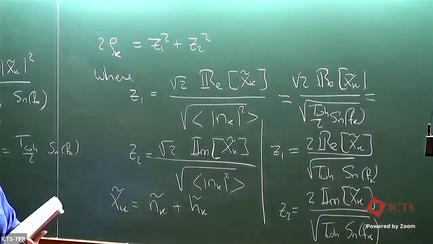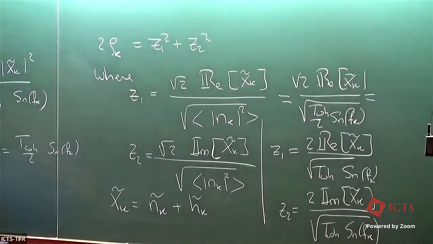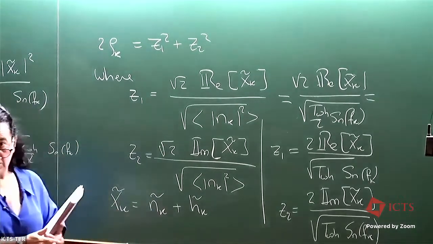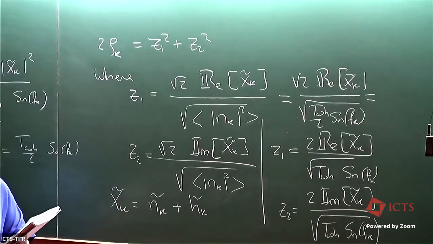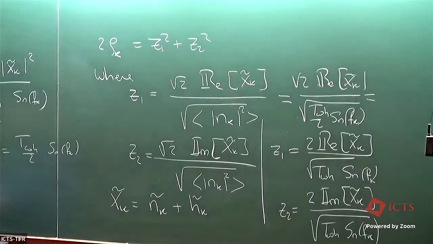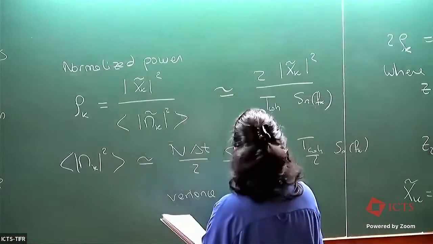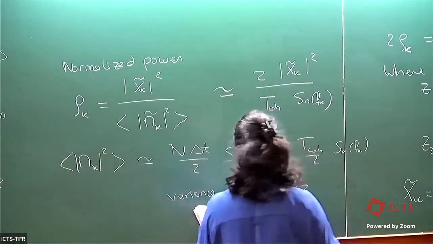I can also assume that both the real part of the noise and the imaginary part of the noise are independent random variables with equal variance. And then it's easy to show that their variance is equal to this quantity here.